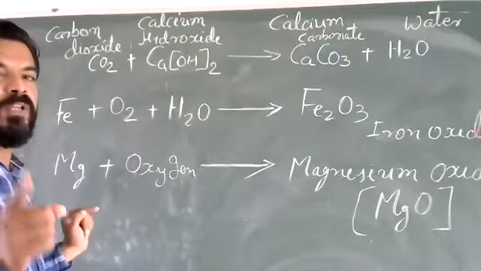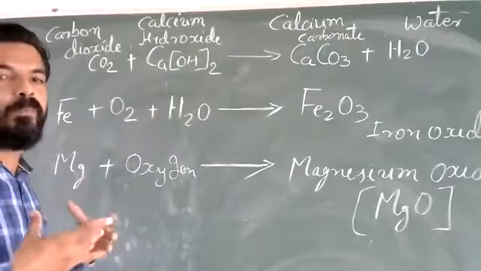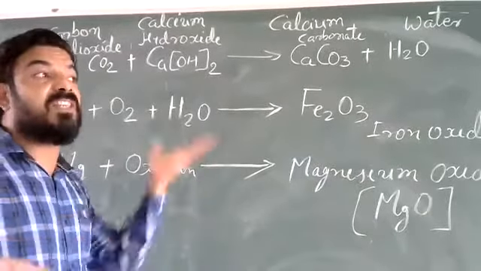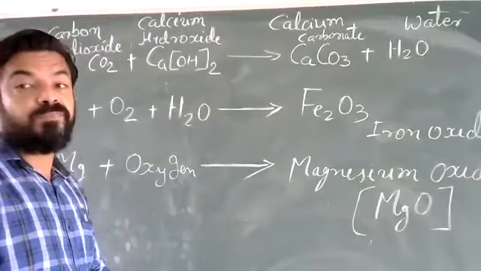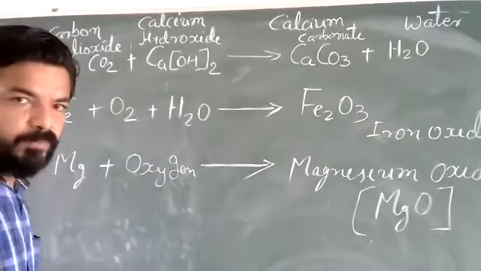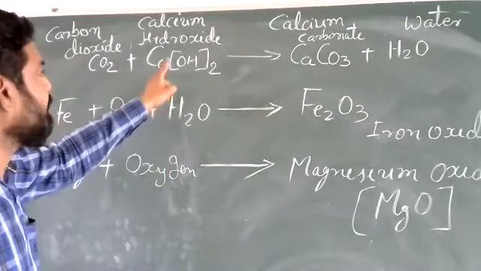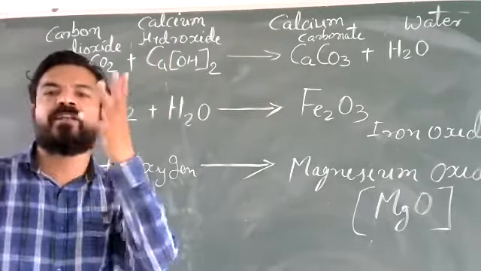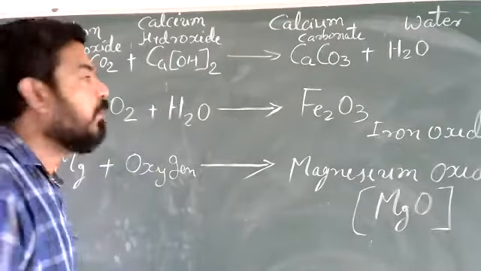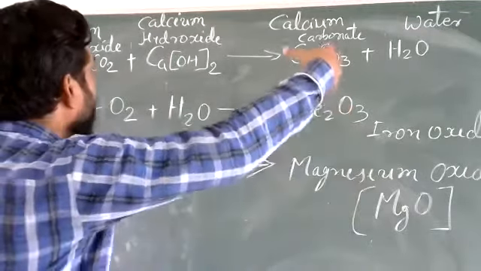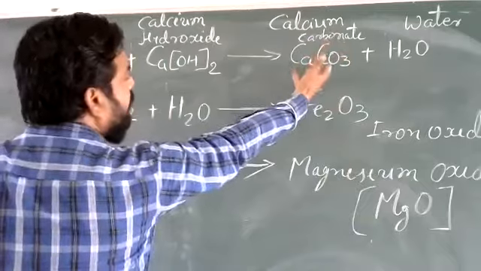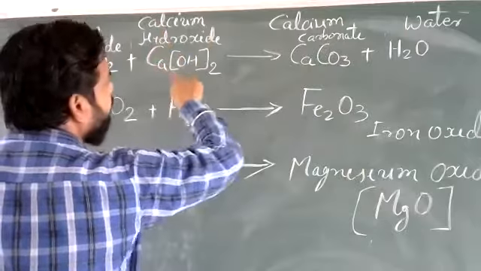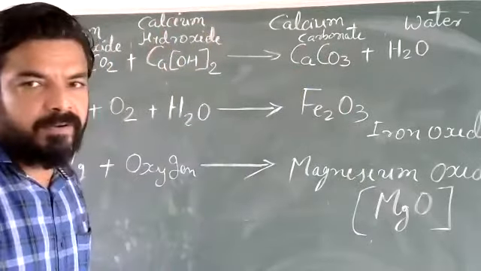See, you have to learn how to prepare this combination or how to balance this equation. This is CO2, carbon dioxide, this is calcium hydroxide, Ca(OH)2, which we also call lime water.